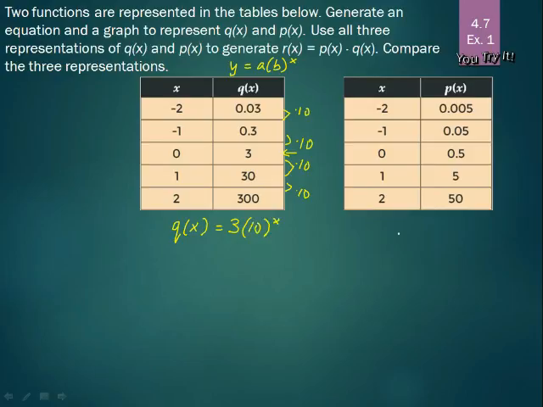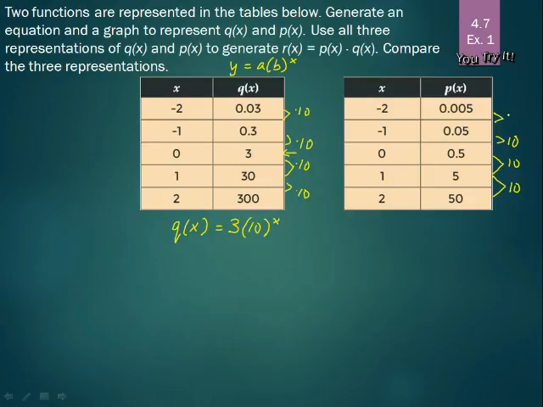Let's go ahead and find p of x. It looks like a similar relationship here. Again, you see the decimal place being moved to the left 1 each time. And if you divide, 50 divided by 5, that's 10. 5 divided by a half is 10, and so on.